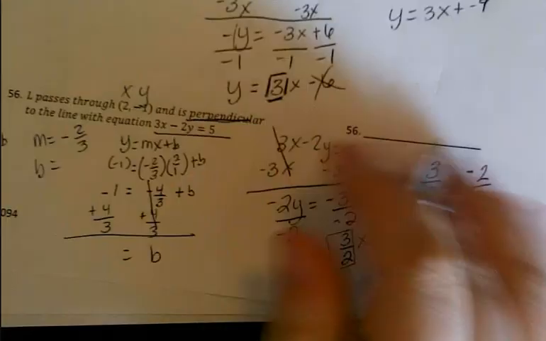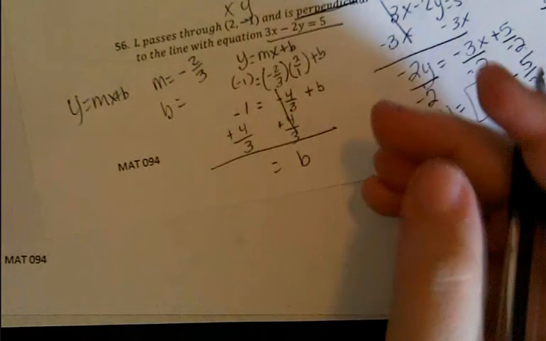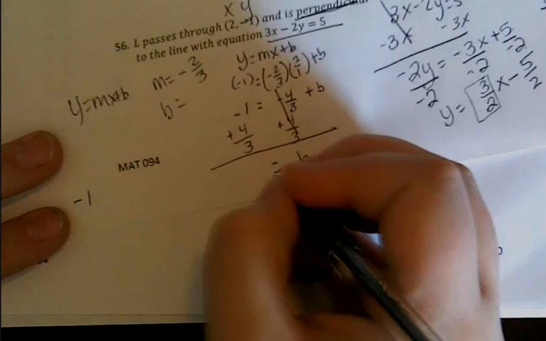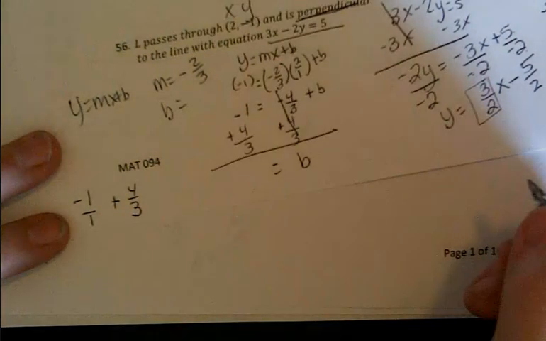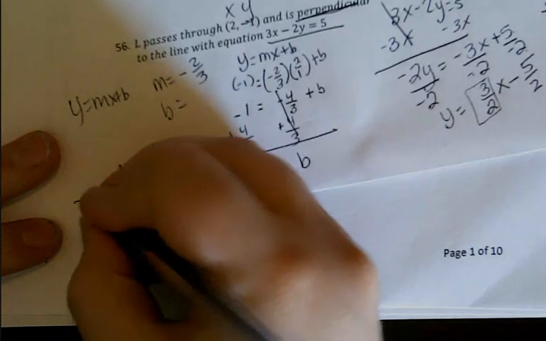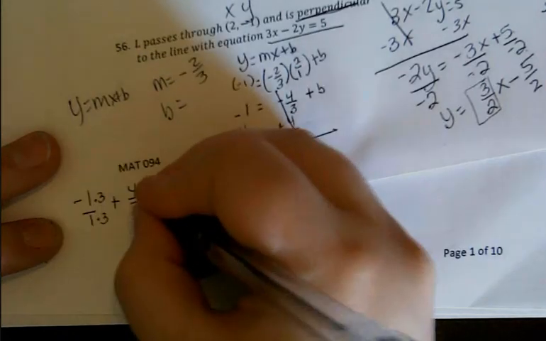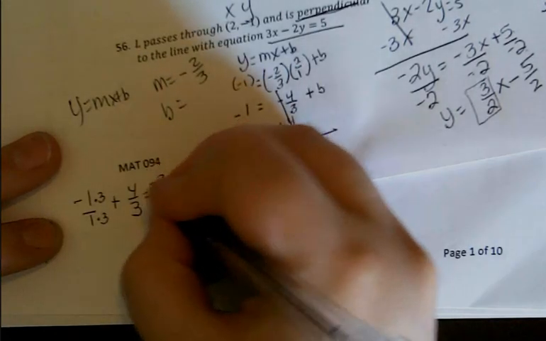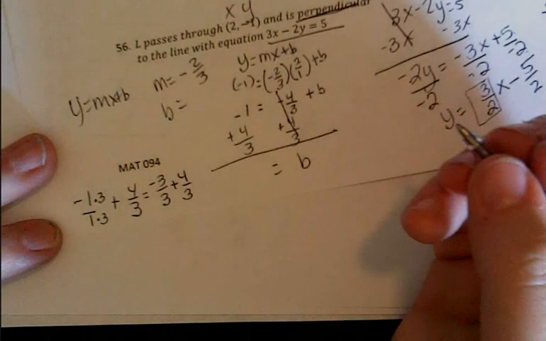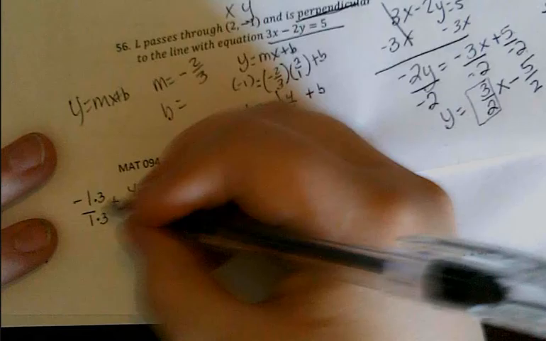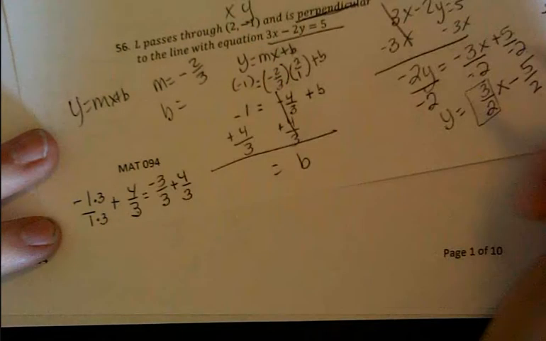So now we have to combine a negative 1 and a positive 4 over 3. So we need to get a common denominator, which gives us negative 3 over 3 plus 4 over 3. Okay? Remember, you need a common denominator when you add or subtract fractions.